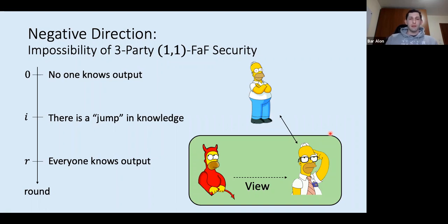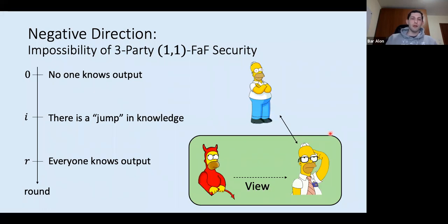But this is a very rough idea. Now the only thing that is left to do in order to actually formally prove it is to give an example, because if you remember, I already mentioned that, for example, XOR can be computed in this setting because I gave a protocol, and coin tossing can also be computed in this setting, the same protocol from before.